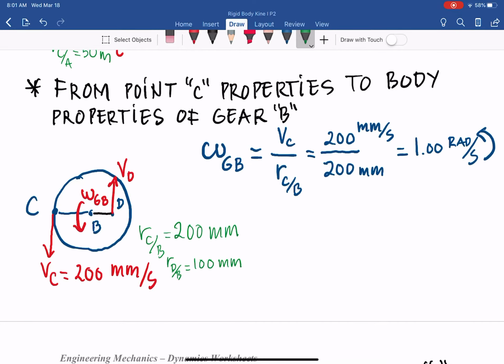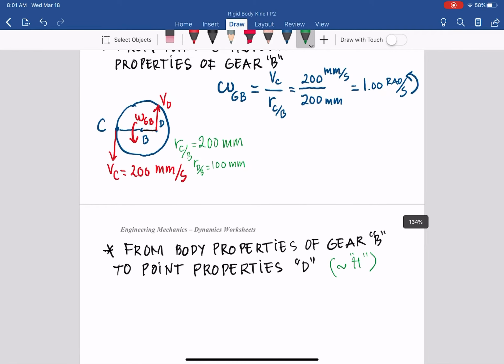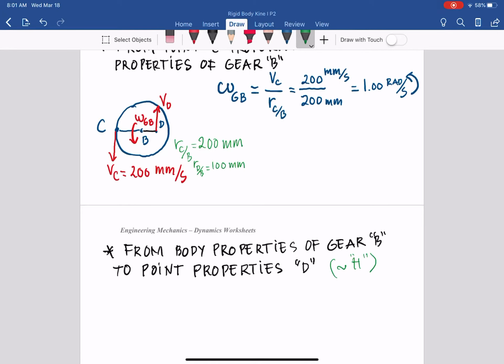So from that we can have VD equal to omega, radius, right? Omega GB of gear B times the radius. In this case, we talk about point D, so it has to be D relative to B. Keep that in mind.